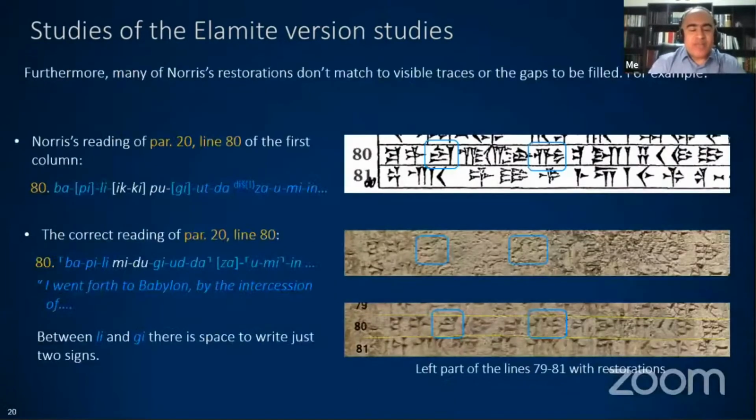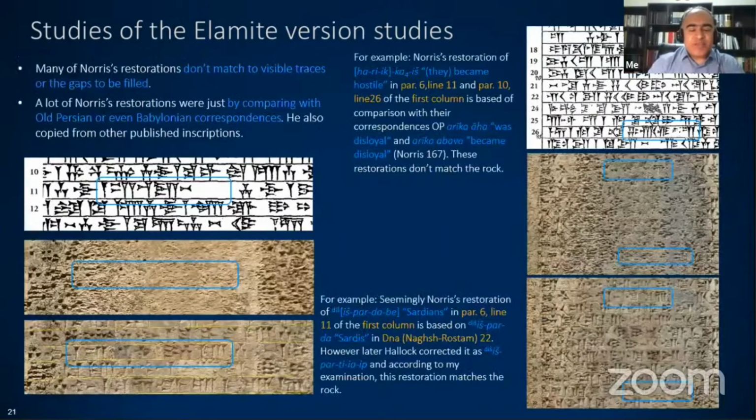Furthermore, in my survey, many of the illustrations don't match the visible traces or available spaces in the gaps. He restored many phrases by comparing with Old Persian and even Babylonian correspondences in Behistun. In this slide, I have shown that, for instance, his restorations in lines 11 and 26 in the first column are just based on comparing the Old Persian equivalents.